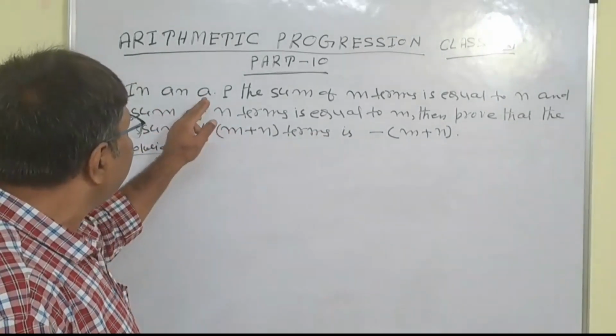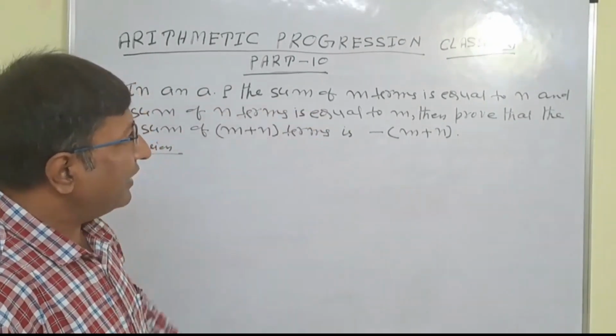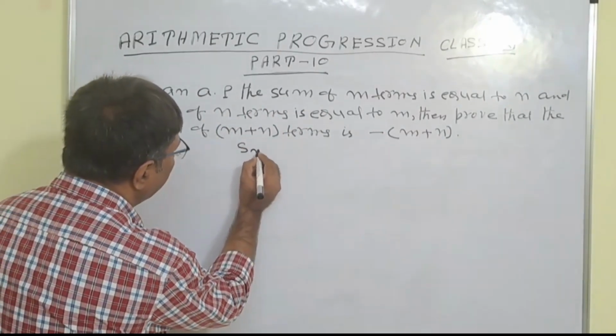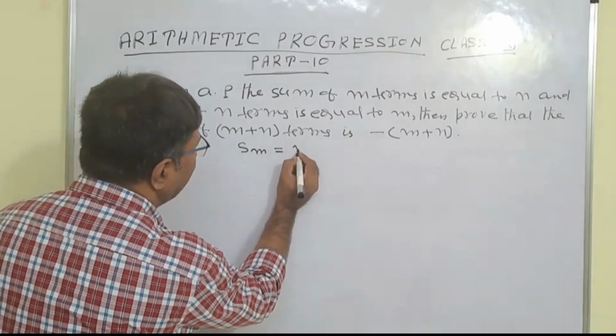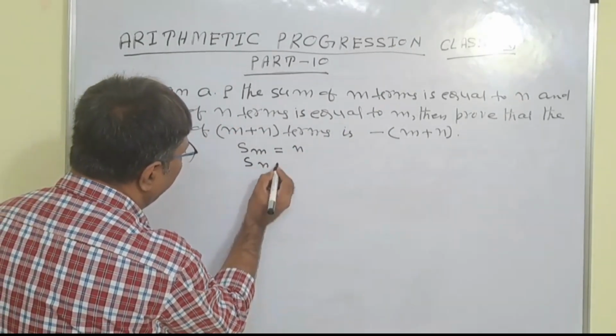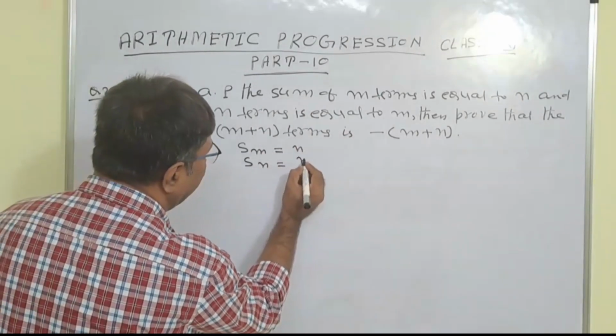So the question is what? In an AP, the sum of m terms is equal to n. So here it is given the sum of m terms is n, and the sum of n terms equal to m.